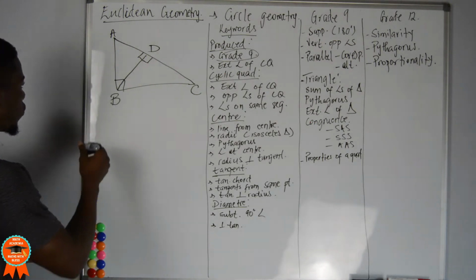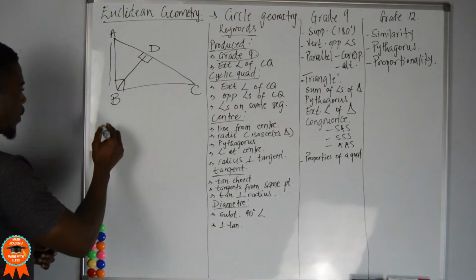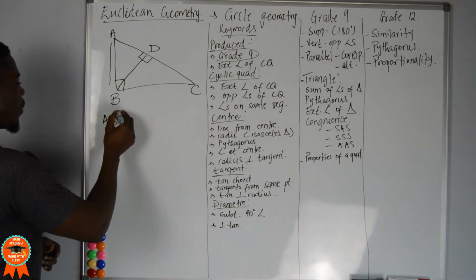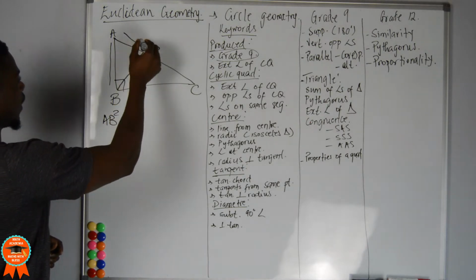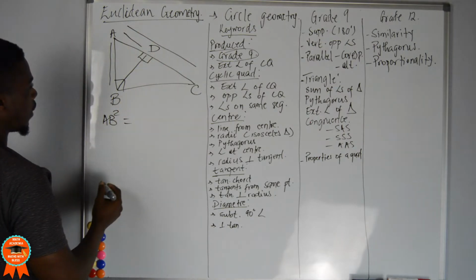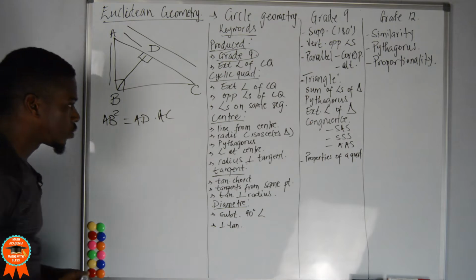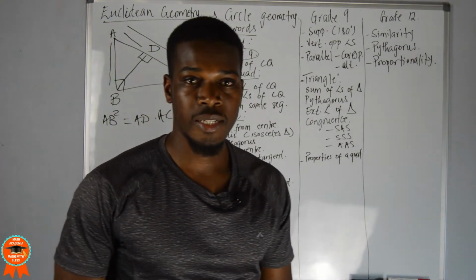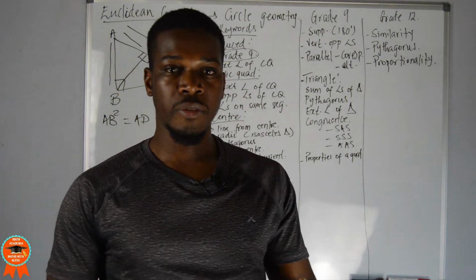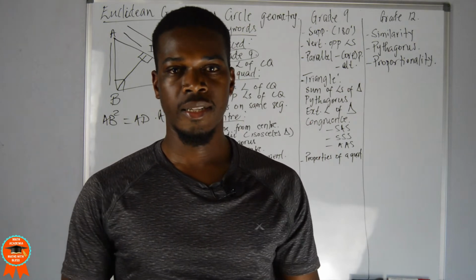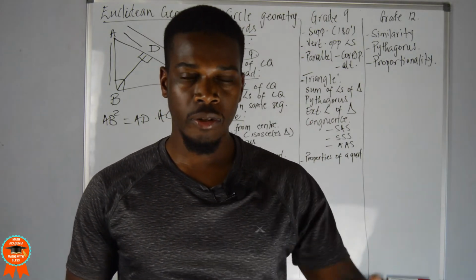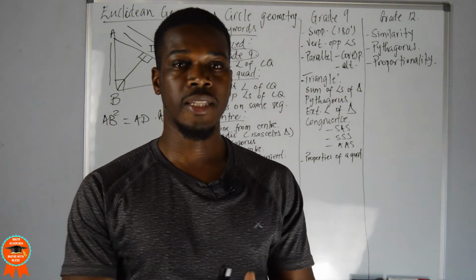So Pythagoras goes on and says AB squared is equal to AD times AC. So I like to memorize this by saying that AB or any side is going to multiply by the closest side multiplied by the hypotenuse.